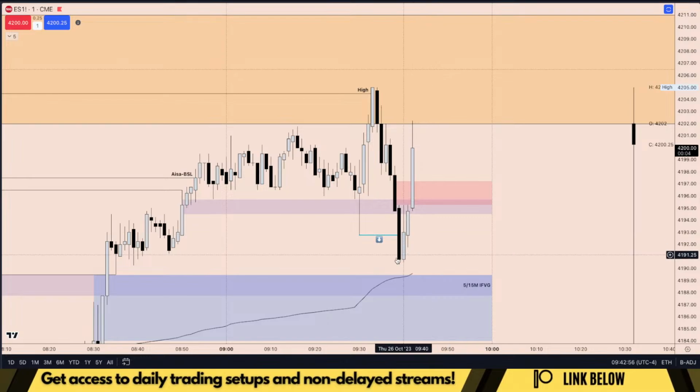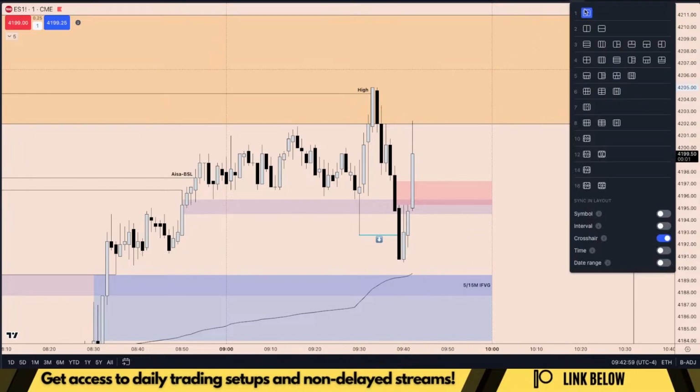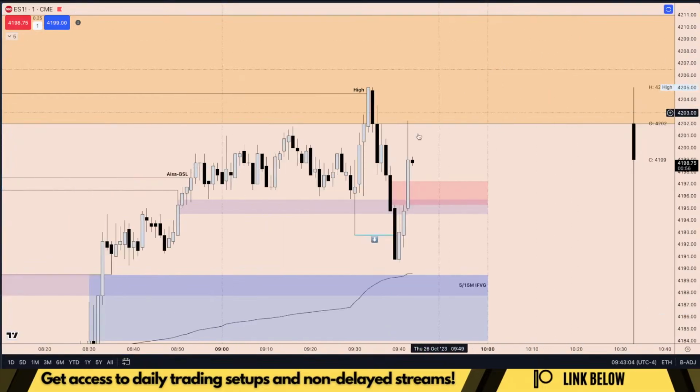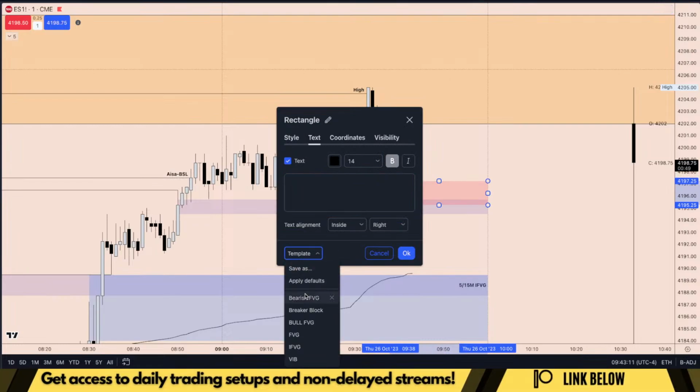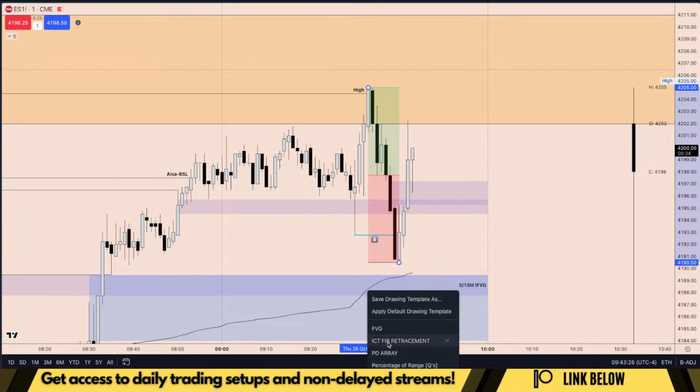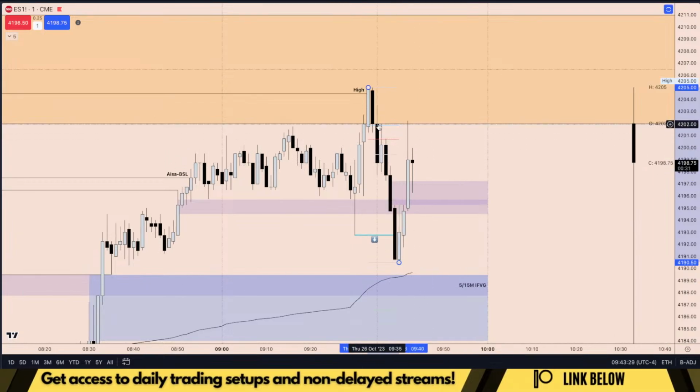Let's see, 5, 4, 3, 2, 1. Take a look at NQ. Now this fair value gap would turn into an inversion fair value gap as well, when above the 50% ICT Fib retracement, optimum trade and 80% entry.